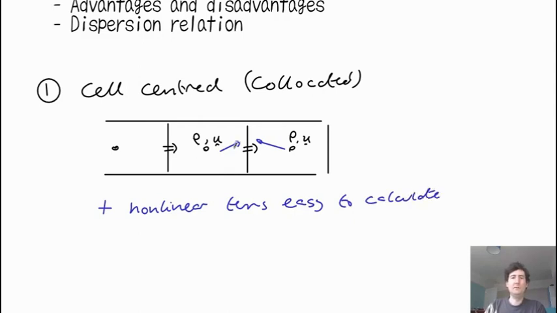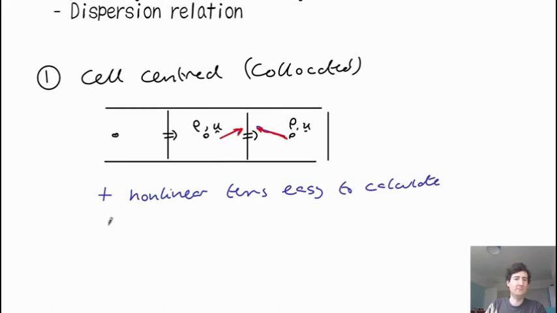But it has this problem that if we want to calculate fluxes at cell edges, we need to do this interpolation. So I'll change it to red since it's a disadvantage. We have to do this mapping from the cell centers to the cell edges.